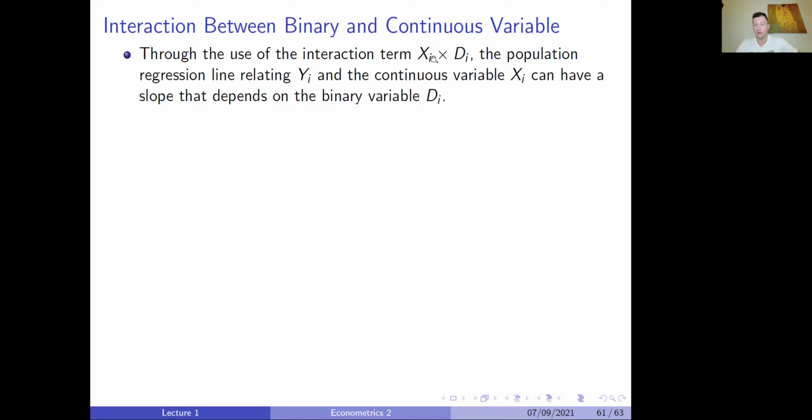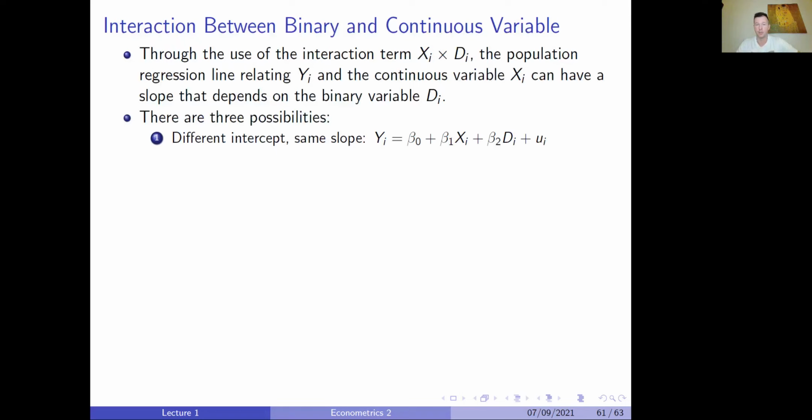Then the slope of a regression line can depend on the level of D, on the binary variable. So basically there are three possibilities. First, different intercepts, same slope, when we just introduce this binary variable as an additional regressor. You see that when this regressor turns on, we have beta 0 plus beta 2 as the intercept.